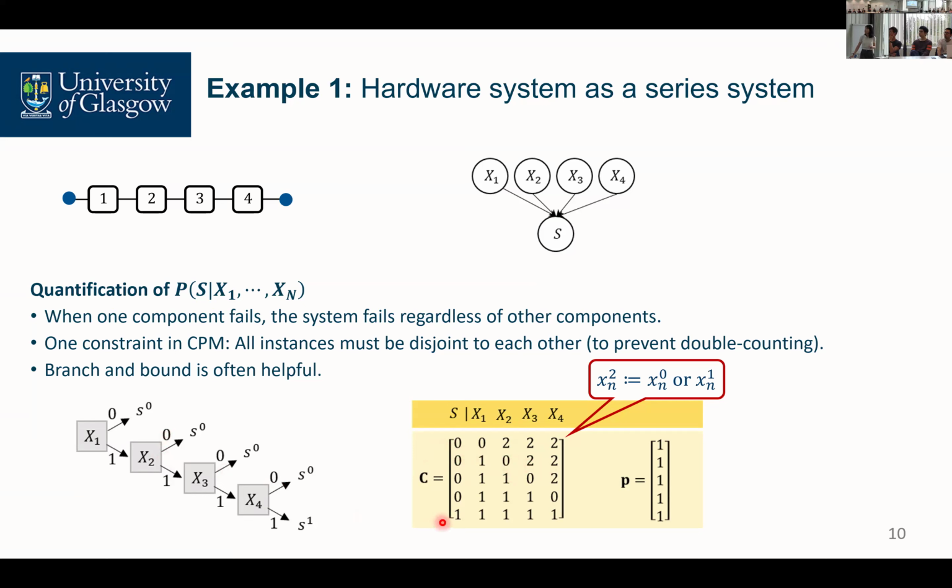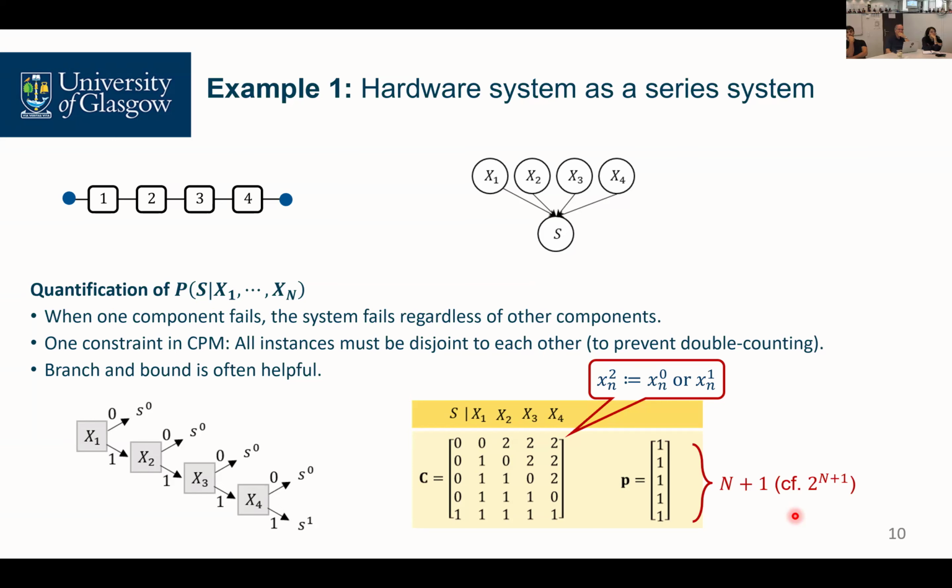And we have the last branch where all components survive and the system survives. Because we are dealing with a deterministic system, all probabilities are 1. Now we have brought down the complexity from exponential to linear, which is significant. This is also because the series system has a relatively simple definition.